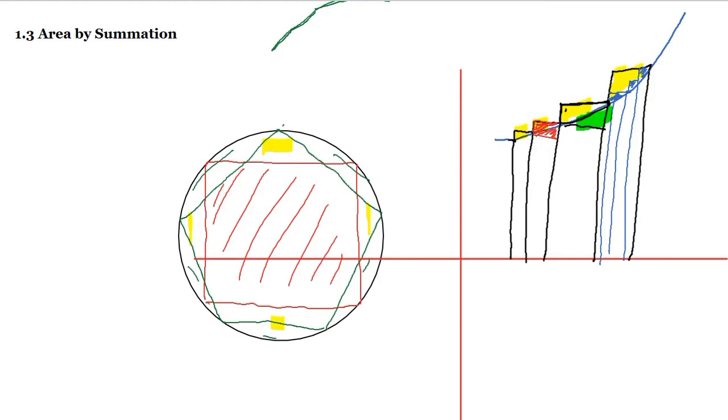So, ano yung magiging implication? Ang magiging implication dito is, kapag ang tinake natin is the area of the rectangle inscribed, no, dito sa ating curve, meron tayong less than na area na makuha.